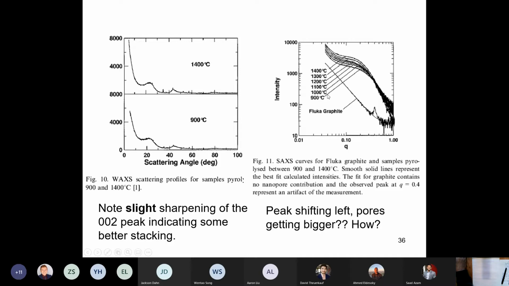So at 900, there's internal porosity in this heated sugar, and there are not many parallel stacked graphene sheets. By 1400, the pores are bigger, and maybe there's a little bit more parallel stacking. So what's going on here in these materials?